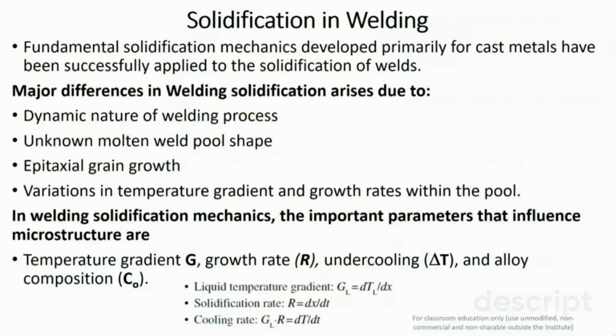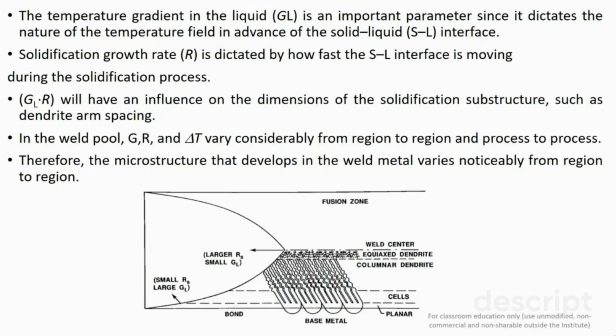Then we have already discussed that the temperature gradient in the liquid is very important because it dictates the nature of the temperature field in advance of the solid liquid interface. So whatever the temperature gradient at the solid liquid interface, that will be your GL, and the solidification rate dictates how fast the solid liquid interface is moving, meaning how fast your solidification is propagating inside the welded zone.